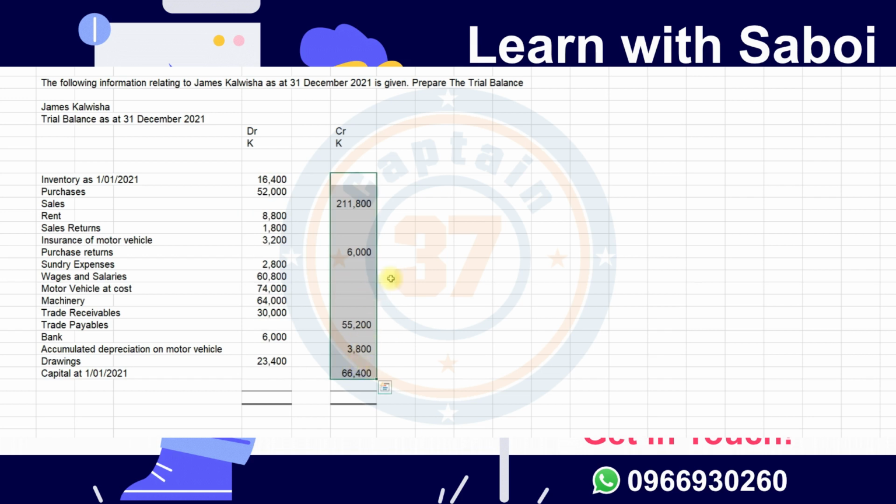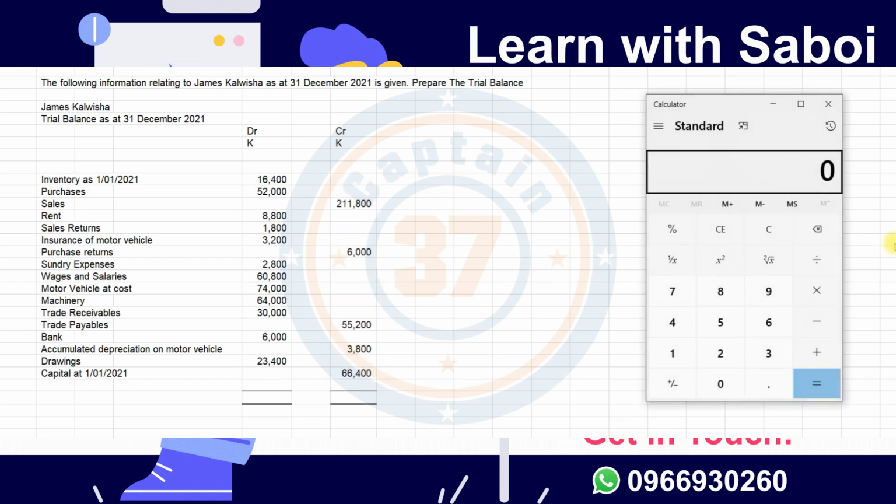So if you have your calculator, just pull it out and begin to calculate. So you have got 16,400 plus 52,000 plus 8,800 plus 1,800 plus 3,200 plus 2,800 plus 6,080 plus 74,000 plus 64,000 plus 30,000, like that, plus 6,000 and plus 23,400.